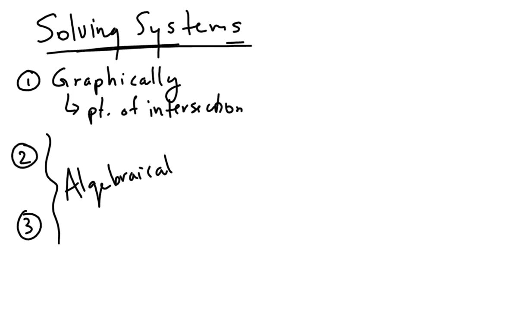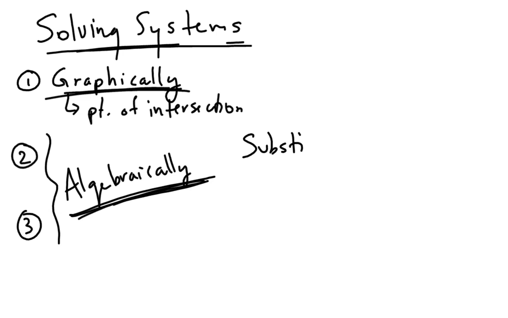Please remember, as we've talked about throughout this course, algebraically means you must show your steps. If you don't show work, you just put an answer, the assumption is it was done graphically. Algebraically requires work. But the second process is the substitution process. And the third process is the elimination process.